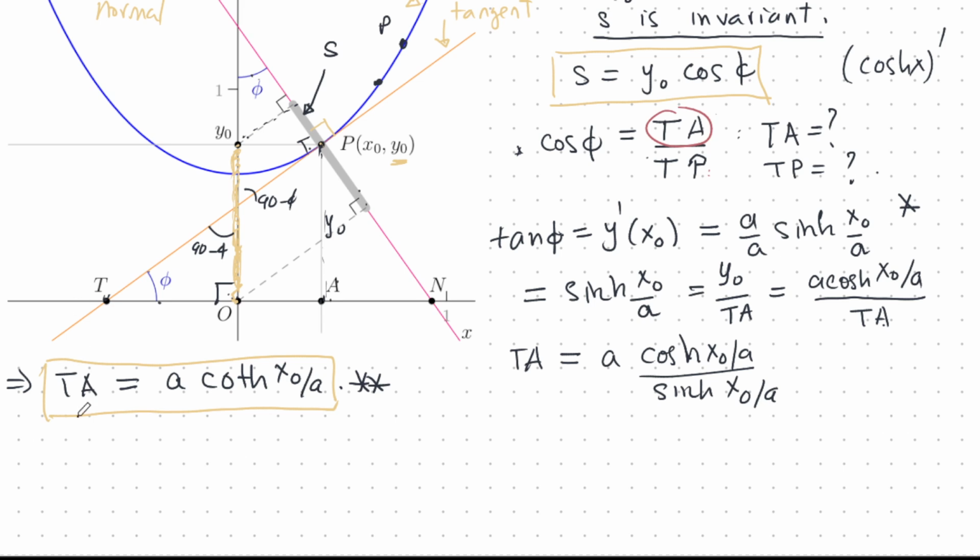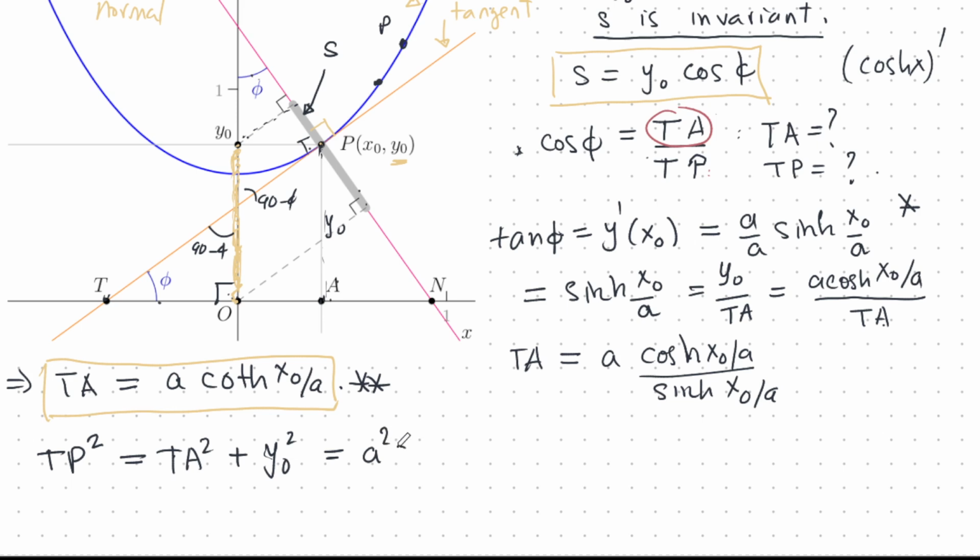What is TP? TP can be found using Pythagoras. TP squared, where TP is T to P, is TA squared plus the vertical, y0, squared. I can substitute these now.